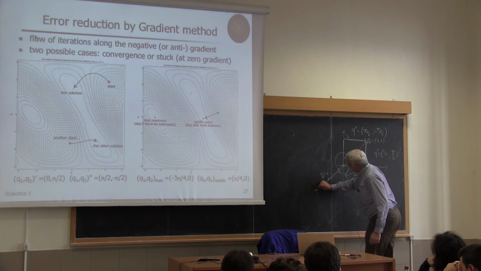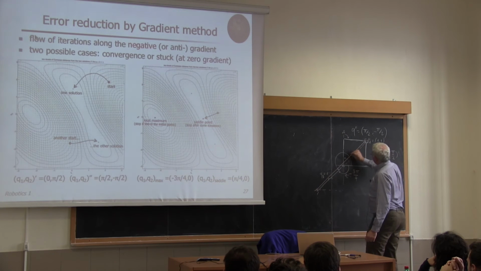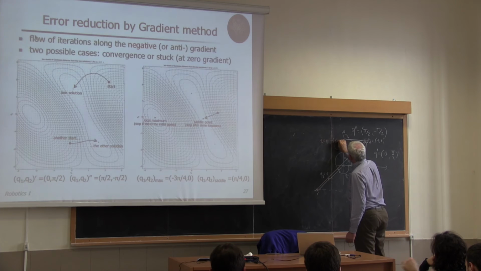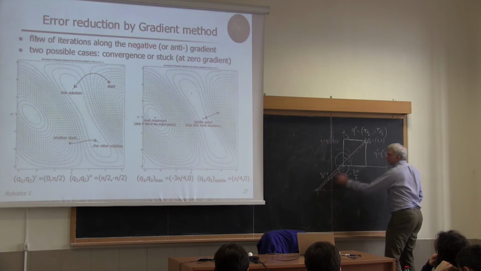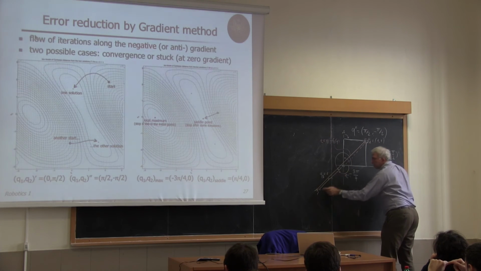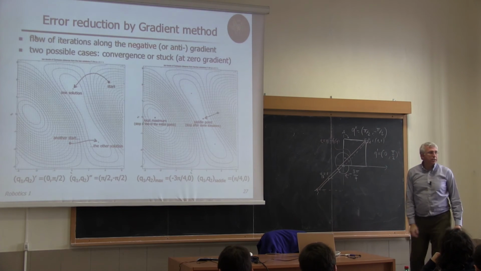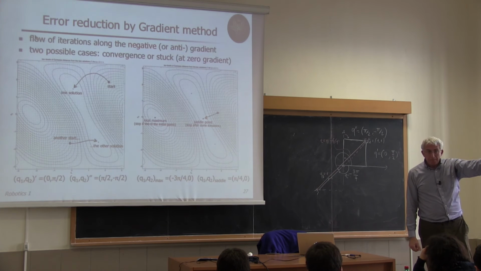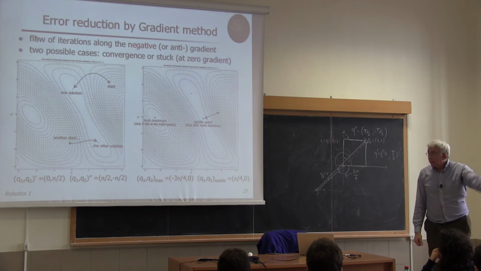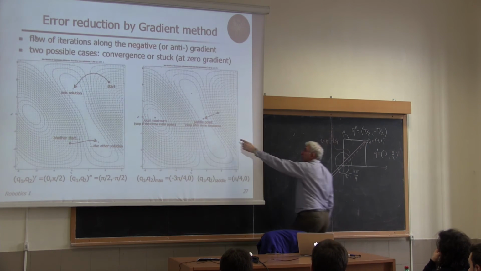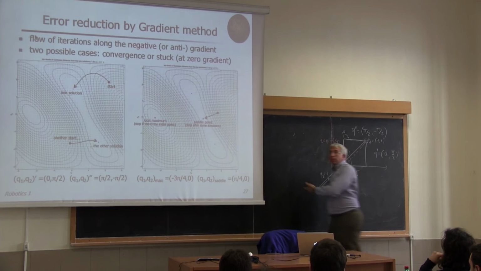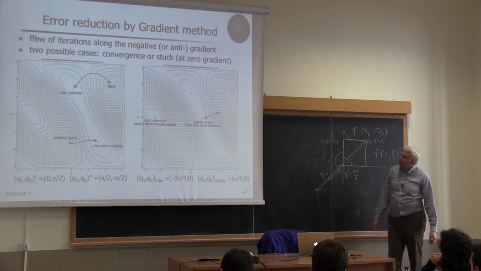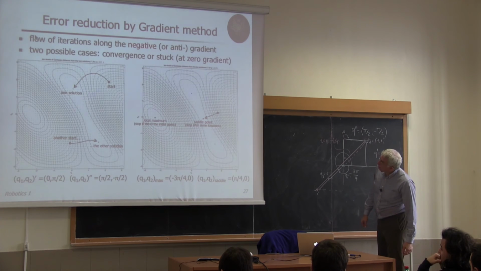The error is this vector. This is e = r_d minus f(q). This error is in the null space of the Jacobian transpose, which is different from 0 because the Jacobian is singular. Okay? And the same thing happens here. There will be another configuration where we have a singular situation.